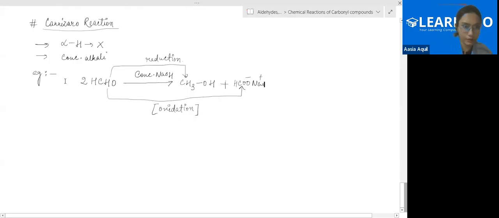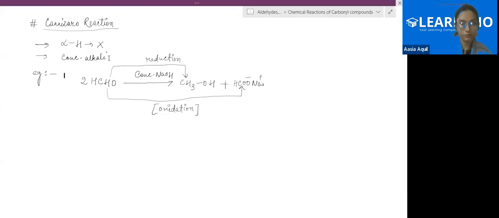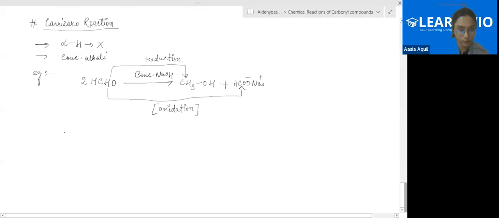Let's take another example. Okay, so take benzaldehyde. You can take benzaldehyde. Why? Because it also has no alpha hydrogen.